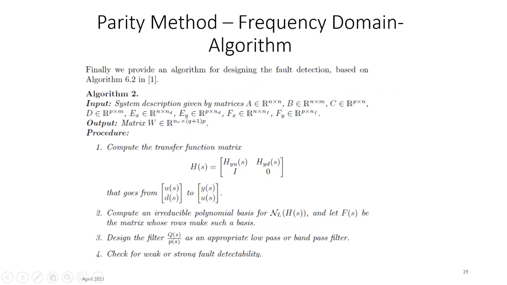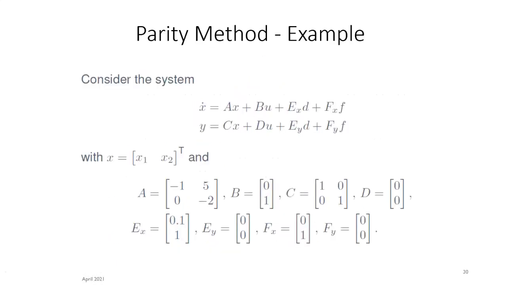And then later we need to design Q over P to have an appropriate low pass or band pass or high pass filter. And finally, we need to check whether or not it is weak detectable or strong detectable. I believe the example will clarify what we meant.